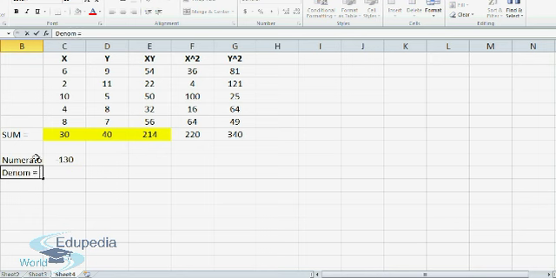Denominator 1, let me write, the denominator for x will be the square root of n, which is 5, multiplied by summation x square, which is 220, minus summation x the whole square, which is 30 raised to power 2.